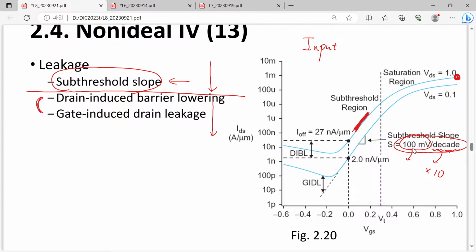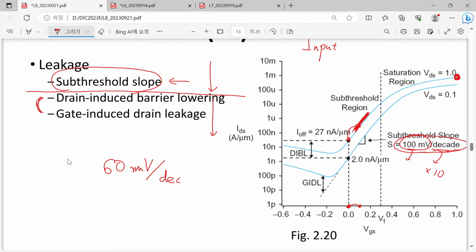When you have 100 millivolt per decade, it means that when you increase your voltage from 0.0 to 0.1, 100 millivolt, your current is exactly one order of magnitude higher. Are you with me? Now I want to give you one typical value. For example, if we have SS equal to 60 millivolt per decade, what does it mean?